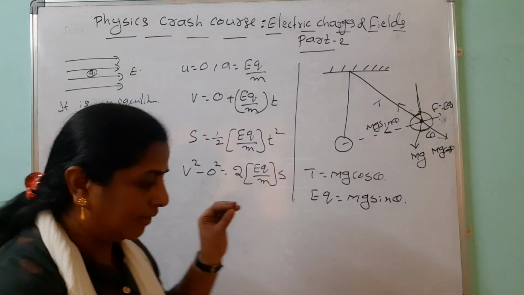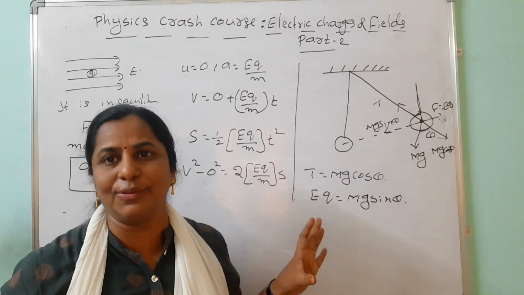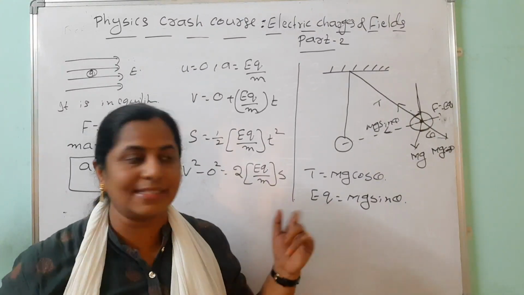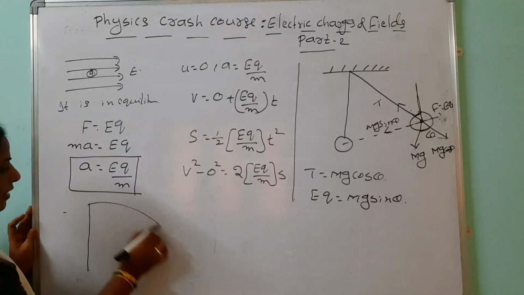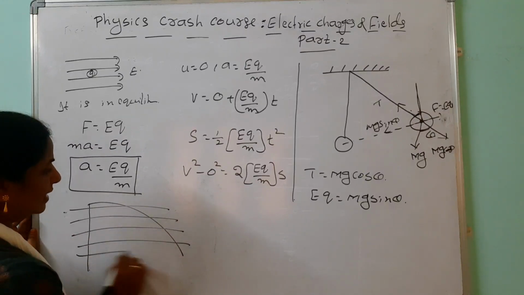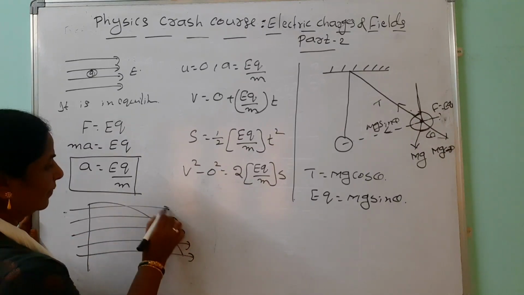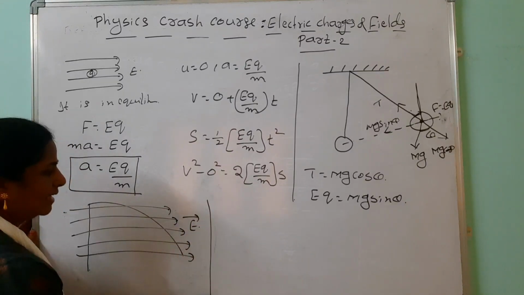Like that, when the charged particle is projected in the uniform electric field, it follows a parabolic path. This is the uniform electric field of intensity E. Here the charged particle is projected, same as before.